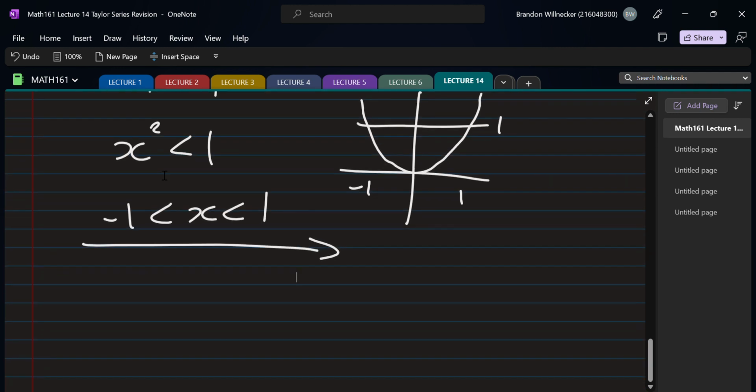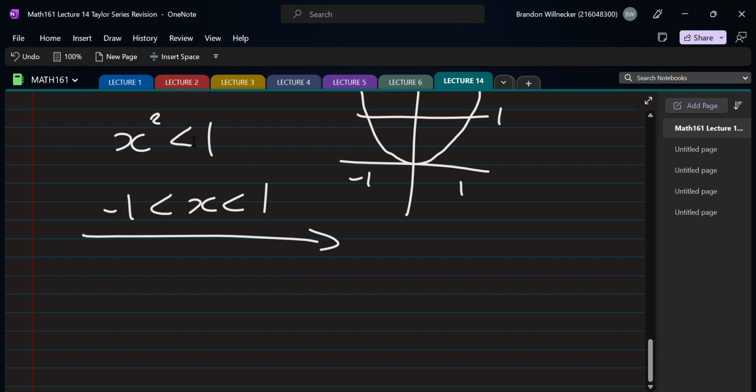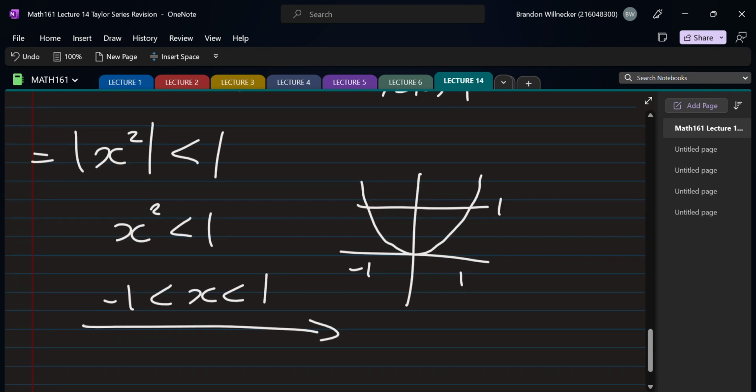Oh, so I wrote it as an interval with just x instead of the single x squared being less than 1. We don't want to know what x squared is. We want the x values.